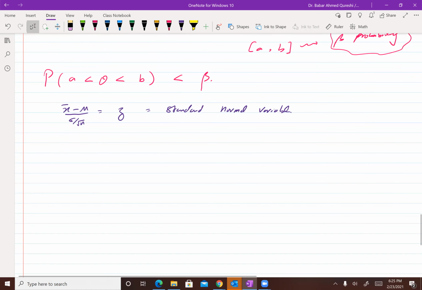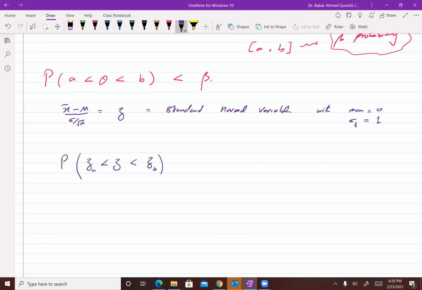So the probability that the standard normal is within a certain value, and this is standard normal with mean 0 and standard deviation 1.